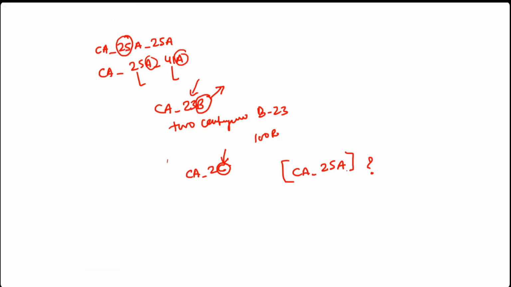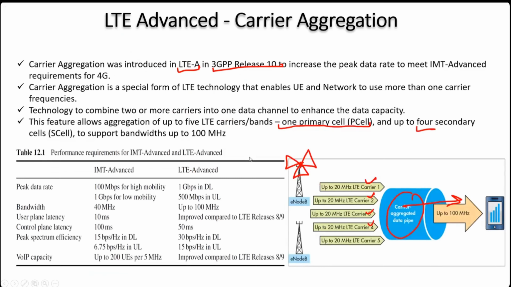This is not possible because A will have only one CC. Here it was B, that's why we are having 2 CC, that's why you are going to aggregate. Understood the combination sets, how to read it?